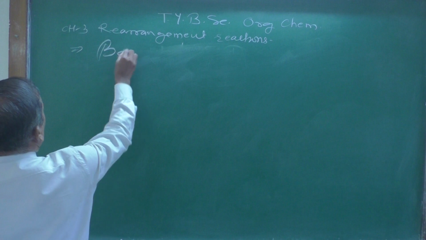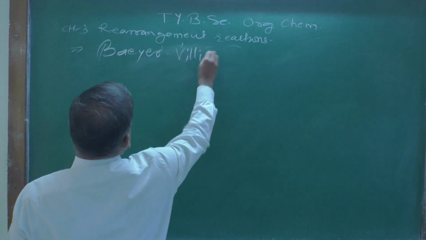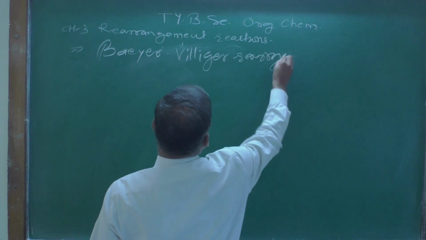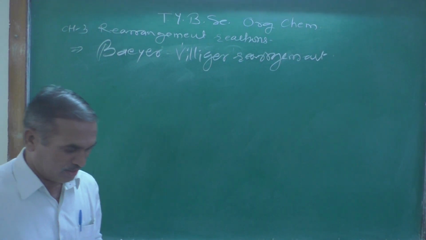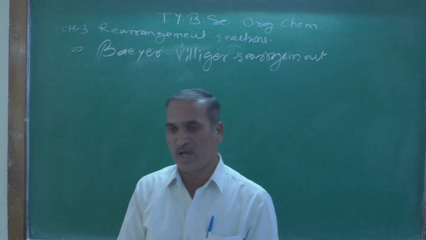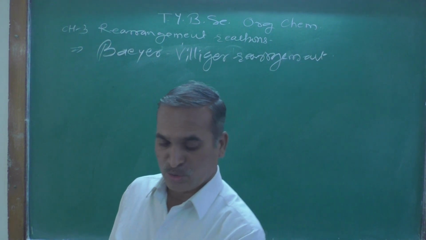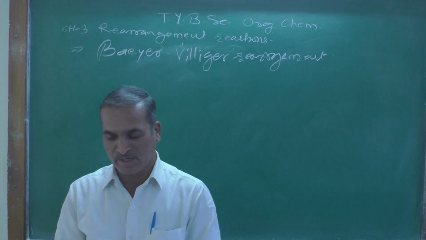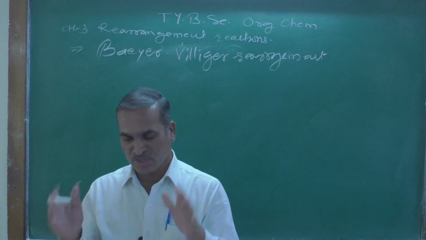Next one is the Baeyer-Villiger rearrangement reaction. Sometimes it is also known as the Baeyer-Villiger oxidation reaction. So this is one of the important rearrangement reactions as far as organic chemistry is concerned.